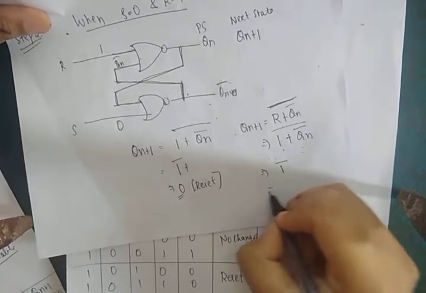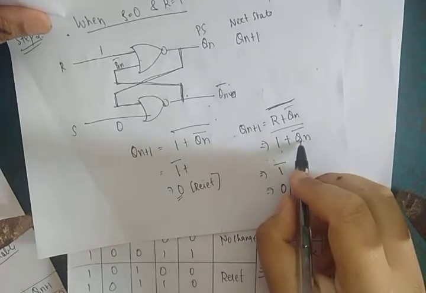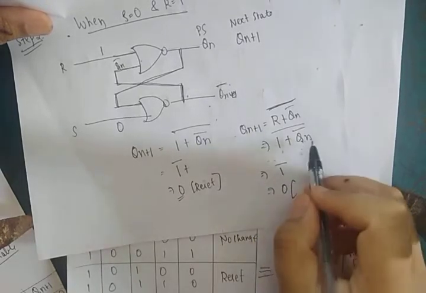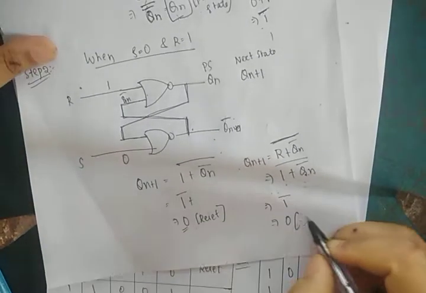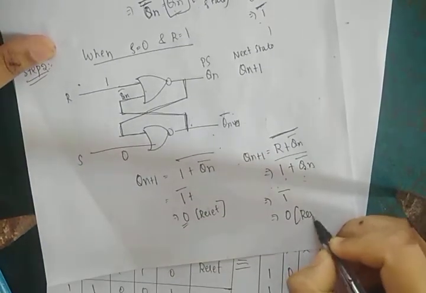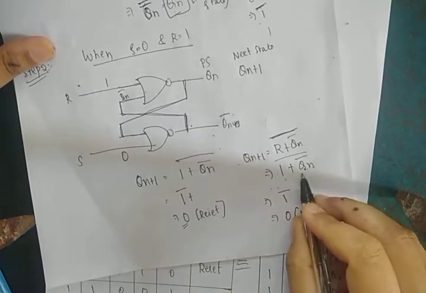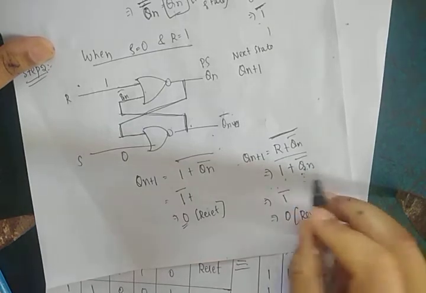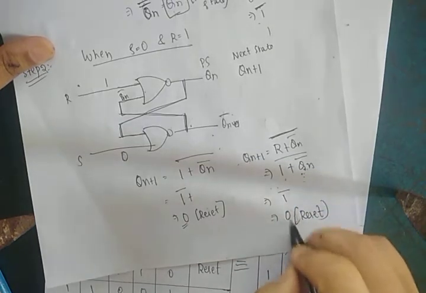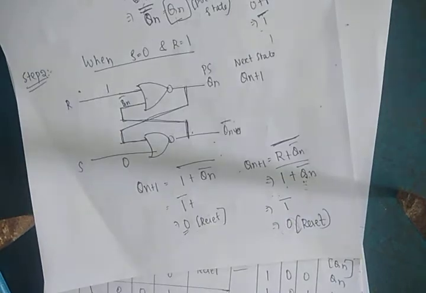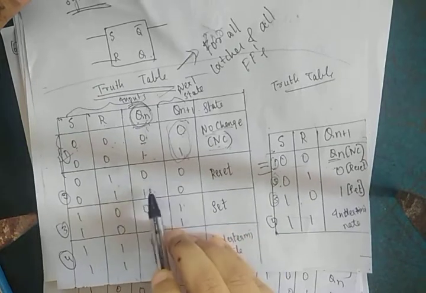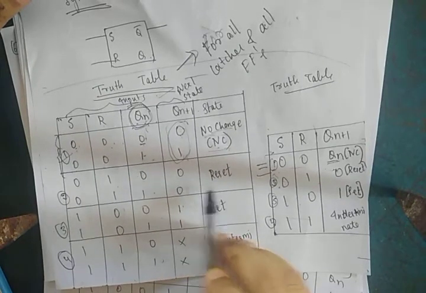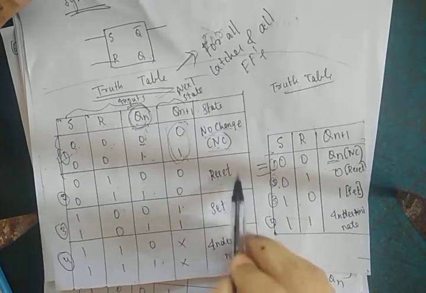This will be reset. So whatever may be the Qn, Qn may be 0 or Qn may be 1, our output will be 0. Now again I'll go to the truth table. Now verify here. Whatever may be the Qn, if it is 0 also it will be 0. If it is 1 also it will be 0. That is, our state will be the resetting state.